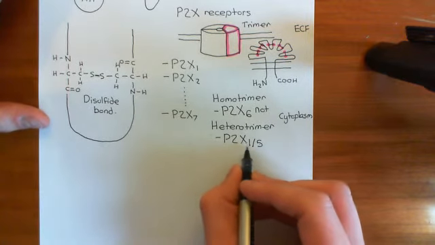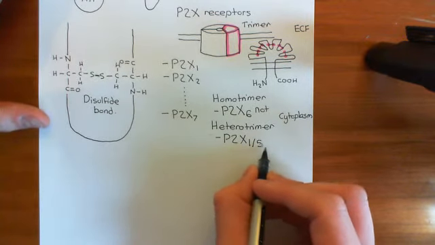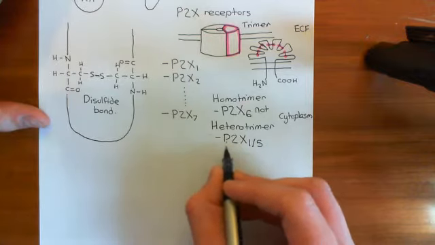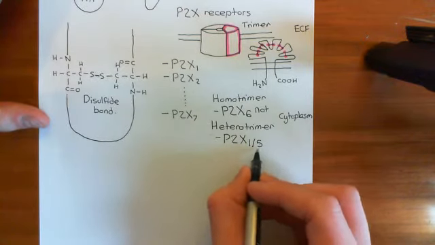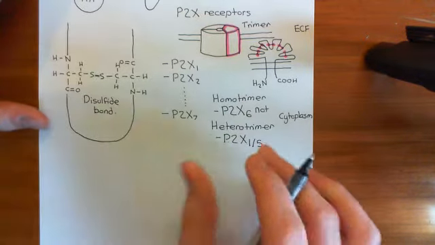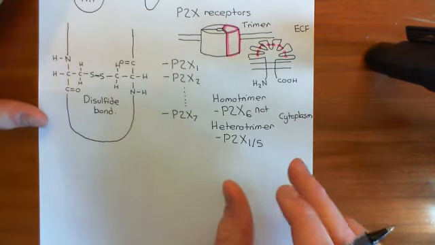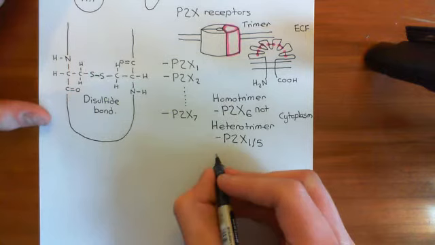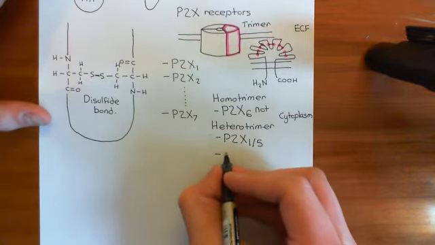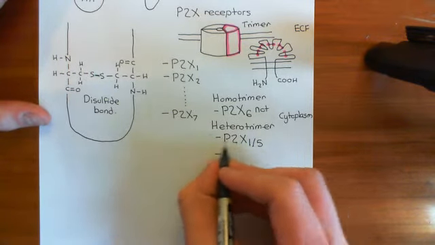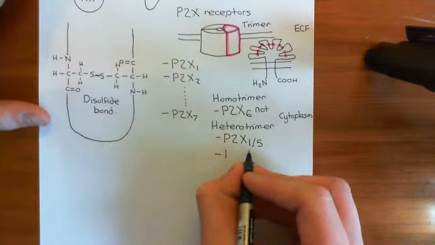Either you could have 1 P2x1 and 2 P2x5s, or you could have 2 P2x1s and 1 P2x5. I don't know whether the stoichiometry has been figured out or whether both of those are possible. Okay, so then just think about how difficult it would be to actually work that out.